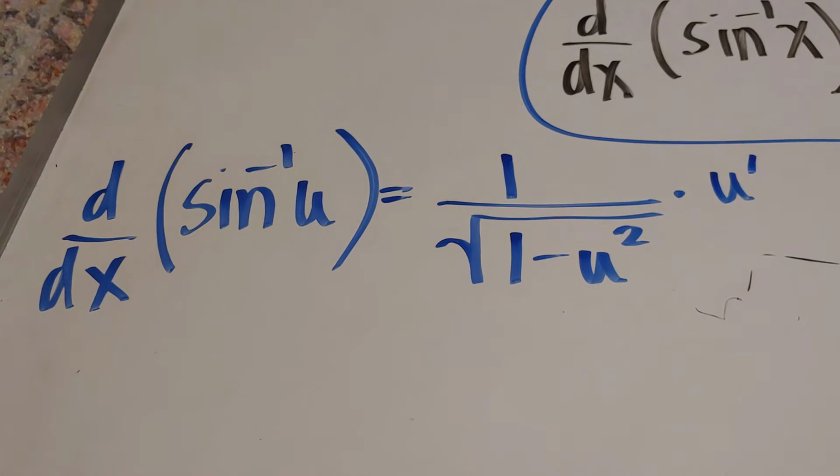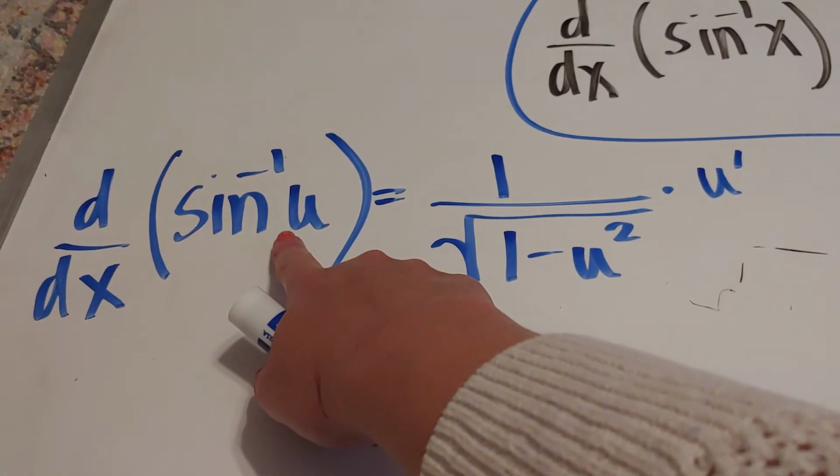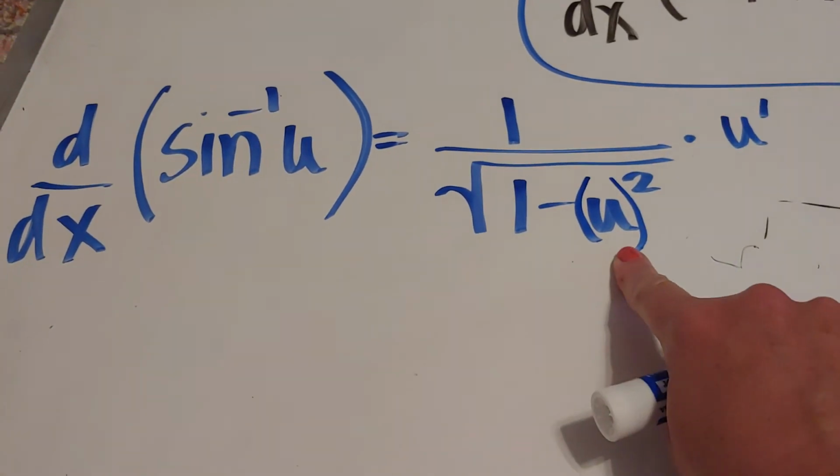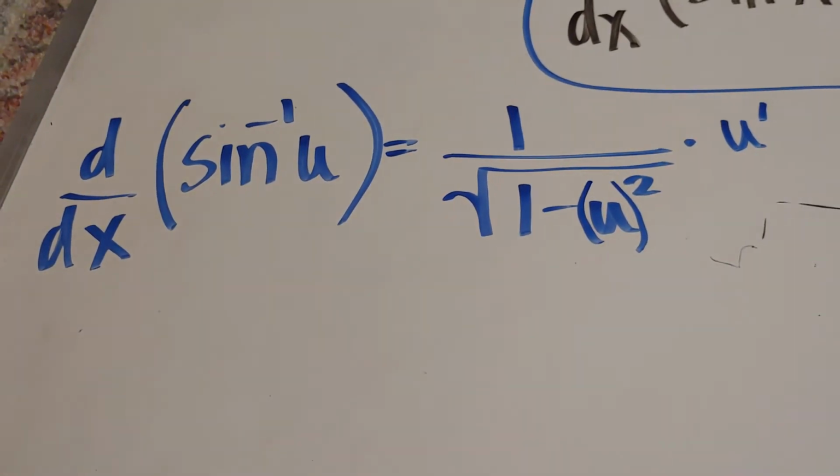So I'm saying that if they put other stuff inside the sine, we're going to put that stuff in for x in my formula and then tag it by a u prime.